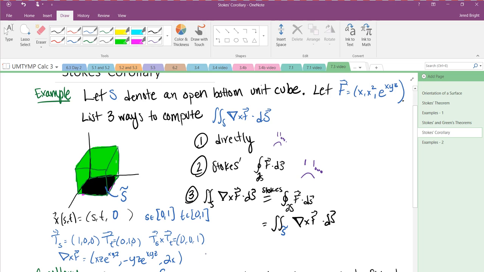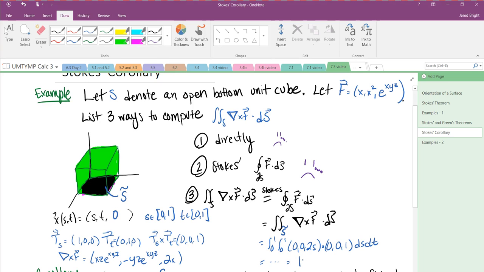Once you parameterize it, we get the integral from 0 to 1, 0 to 1, of 0, 0, 2s, and then you dot that with 0, 0, 1, ds dt. So the integral of 2s ds dt, after a bit of calculation, ends up being just 1.